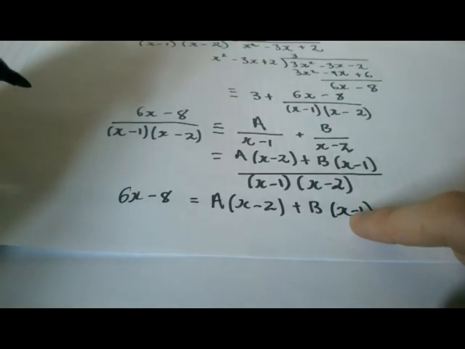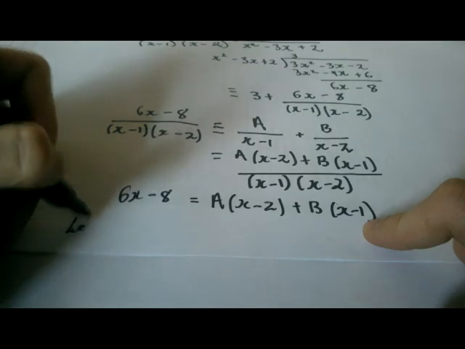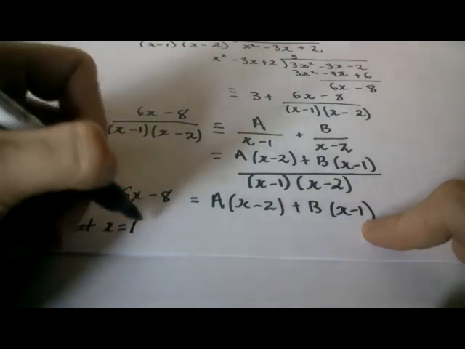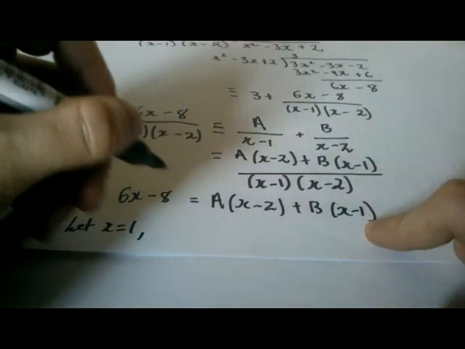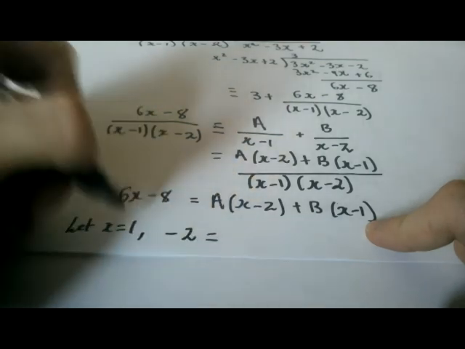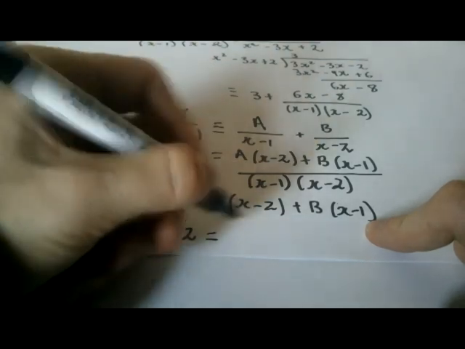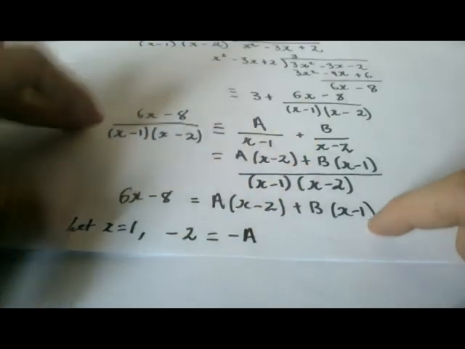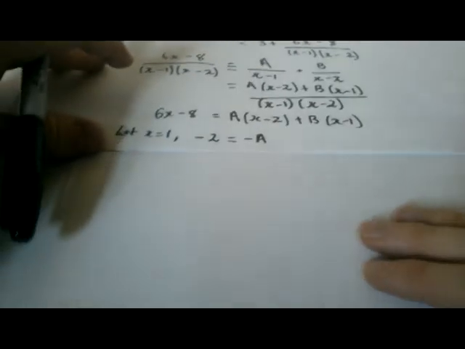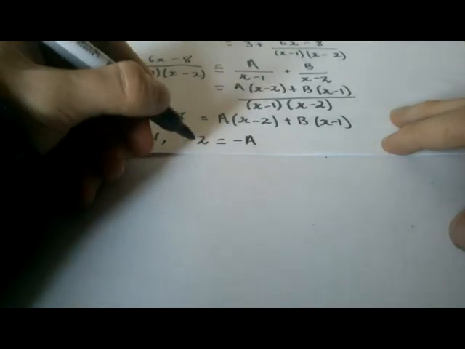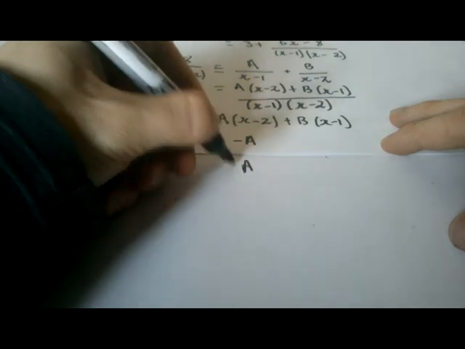Now if we let x equal 1 here, 1 minus 1 is 0, so let's do that. Let x equal 1. 6 times 1 minus 8, that's just minus 2, and 1 minus 2 is minus 1, so that's minus A. So A equals 2.